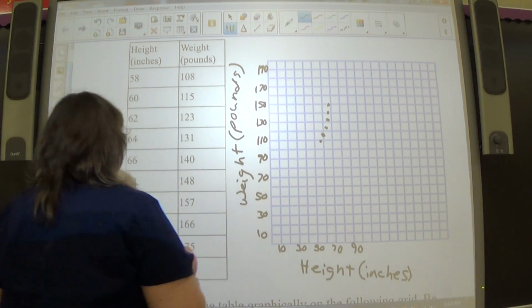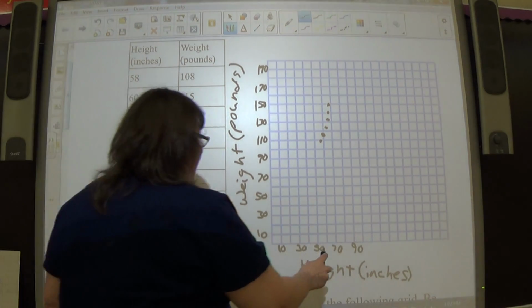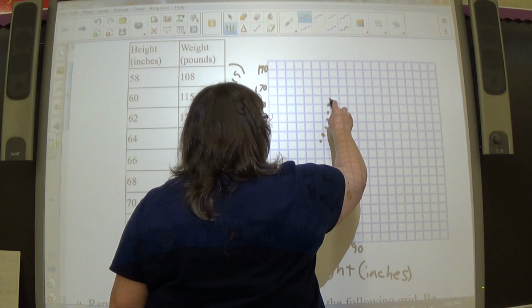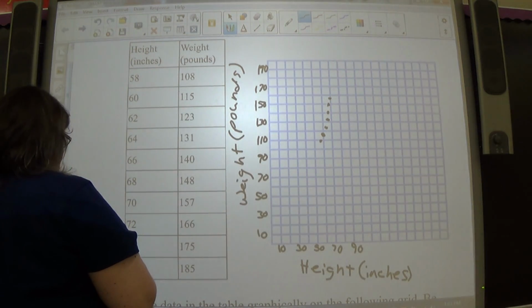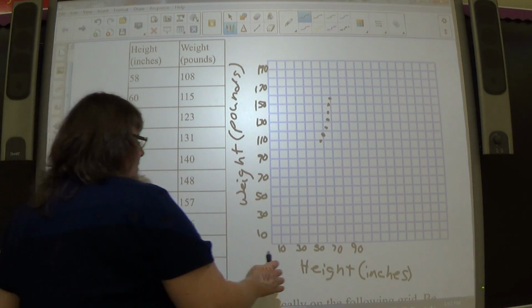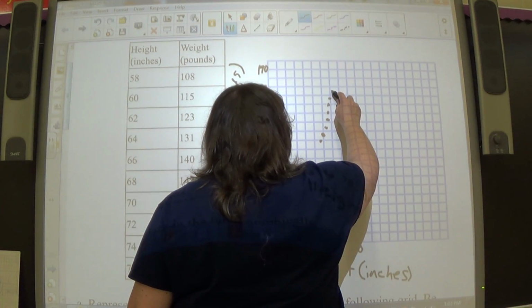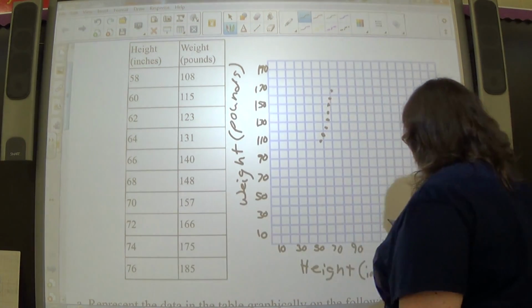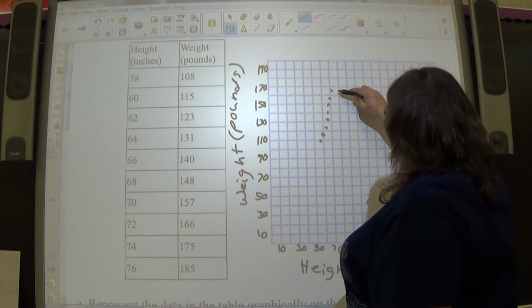There, okay, 70 and 157, should be right around here, okay, 72 and 166, should be about here, okay, 74 and 175.